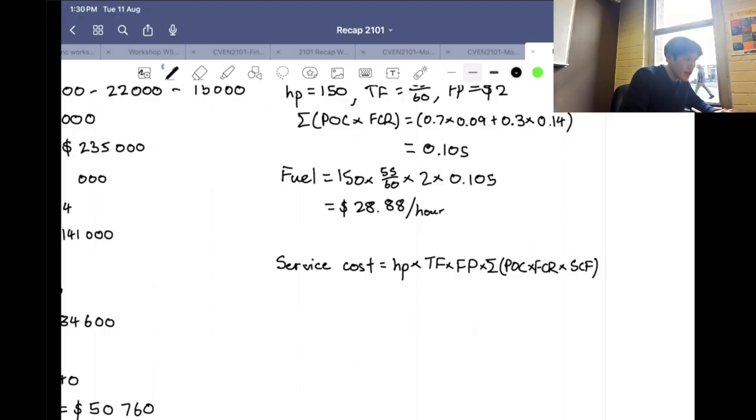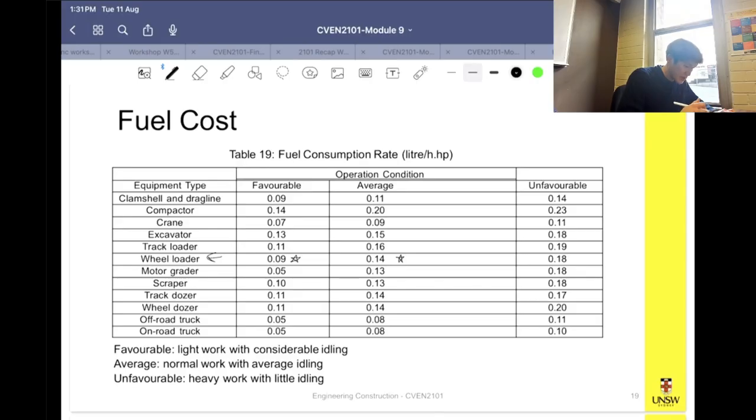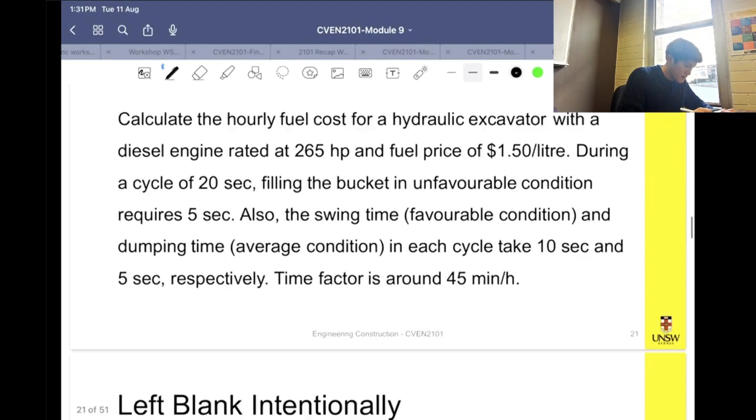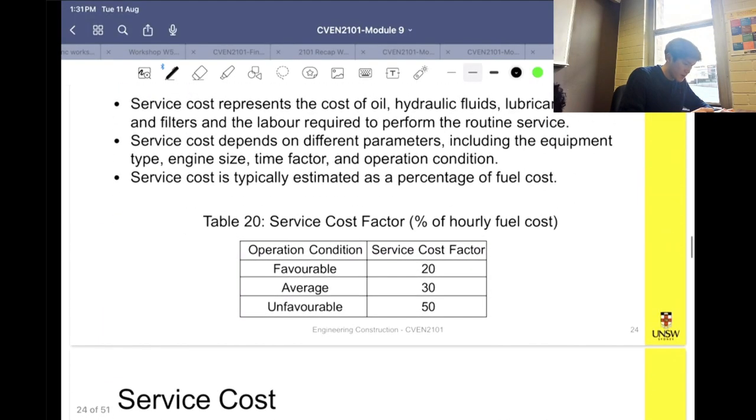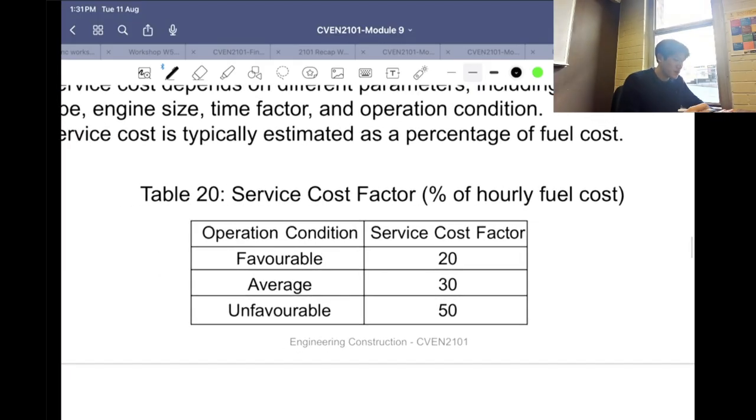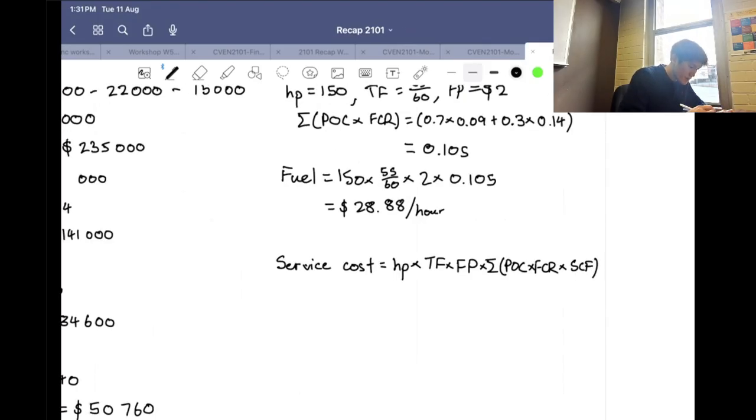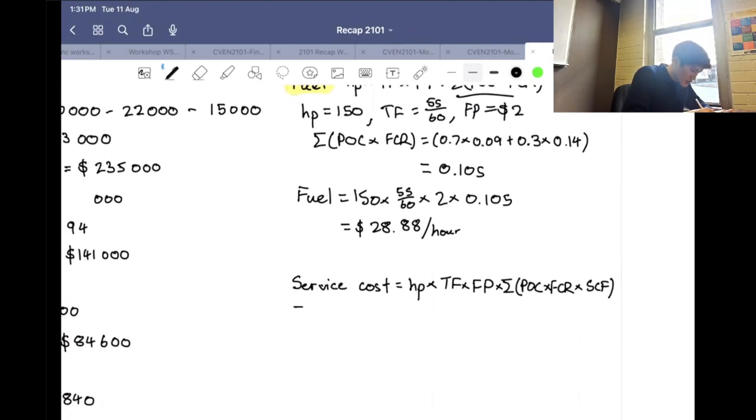And SCF here is just your service cost factor. Also, table 20 in the slides. Yeah, 20 for favorable and 30 for average. So we just do it again. Let's just do sum of POC times FCR times your SCF.